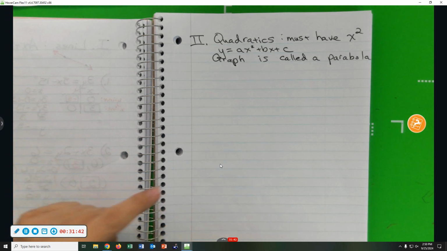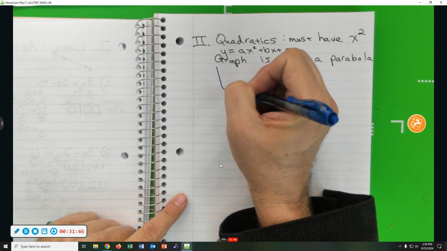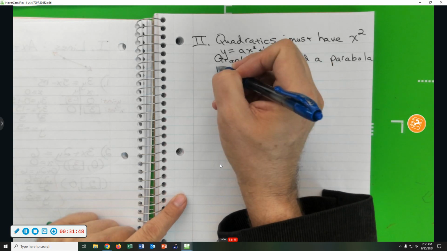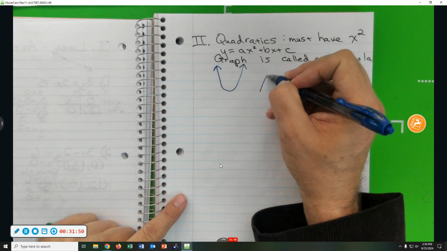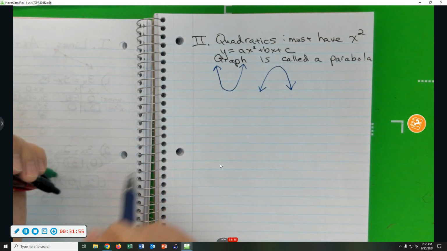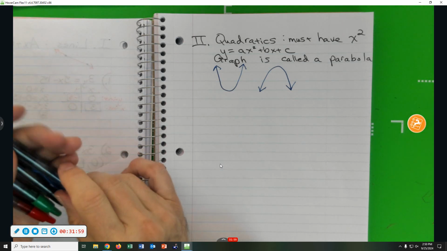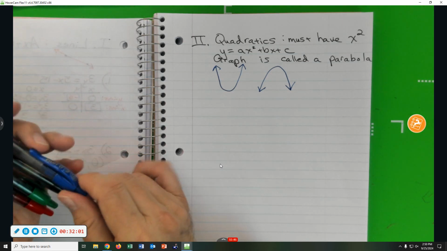For our purposes, they'll either be opening upward or downward. We'll get a more advanced graphing tool for quadratics in a few weeks' time.